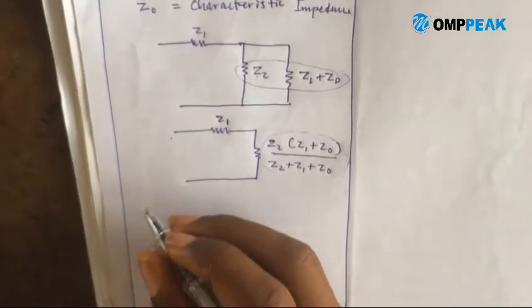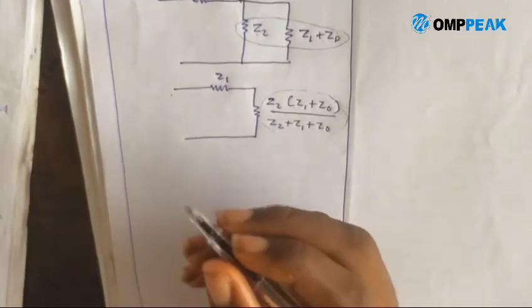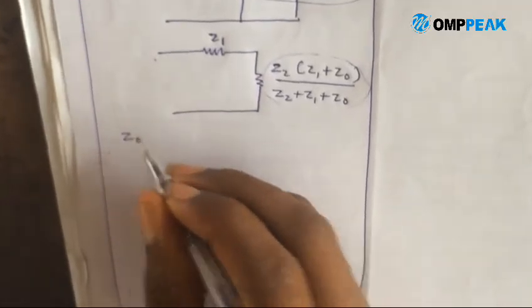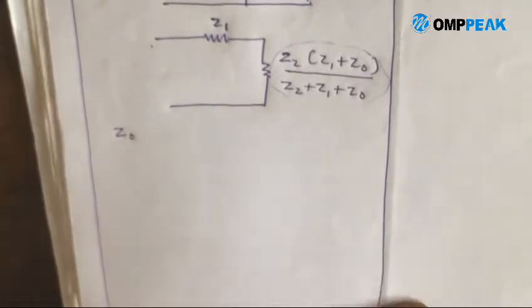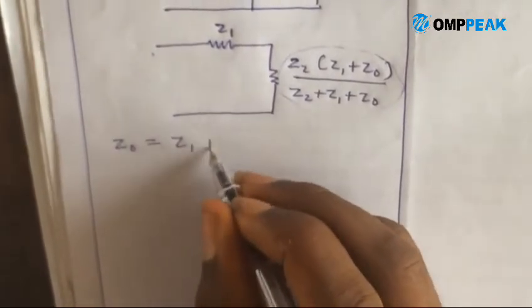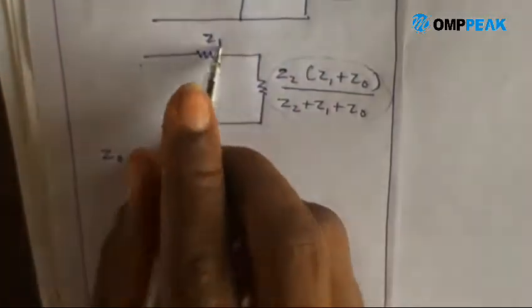Now we are finding the solution to our problem. So now we have Z0, or Z equivalent, equal to Z1 plus, you know, they are in series, so you are adding all of this to this.